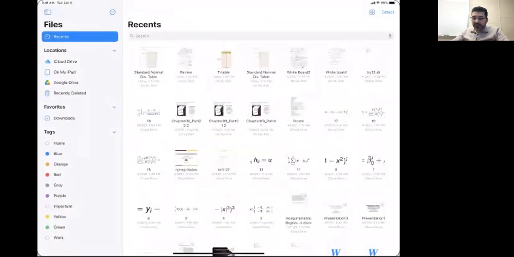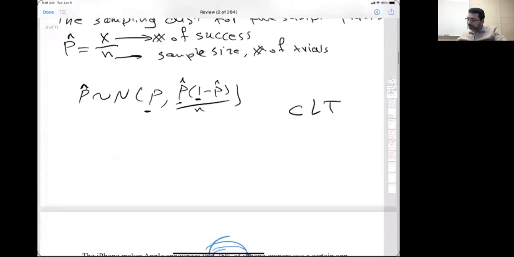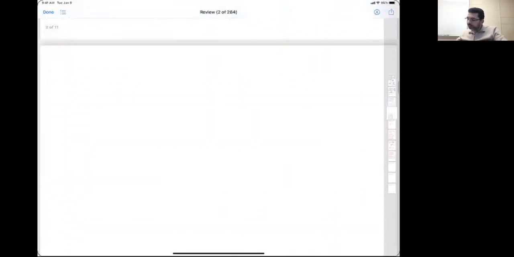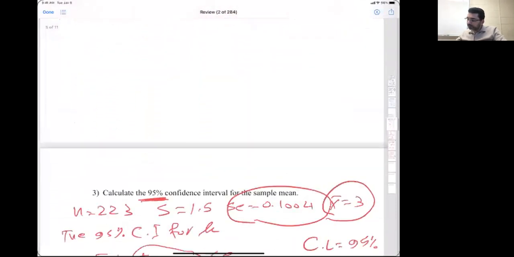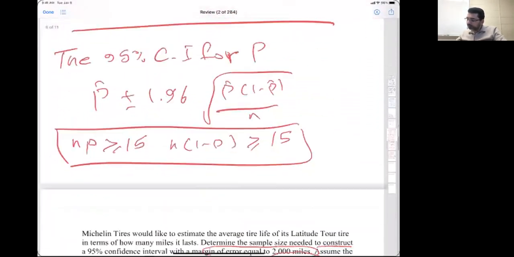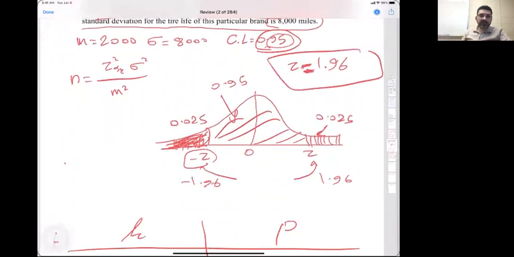You can do this for any confidence level, not just for this one. So here you have negative 1.96, and also here we have 1.96. So you already know that Z is 1.96.